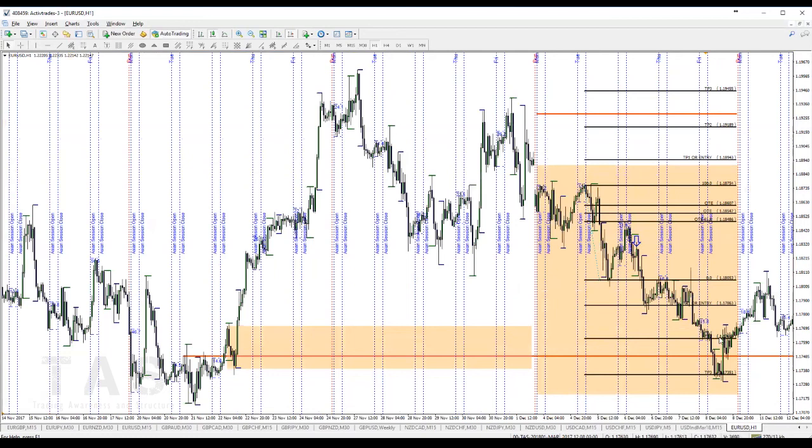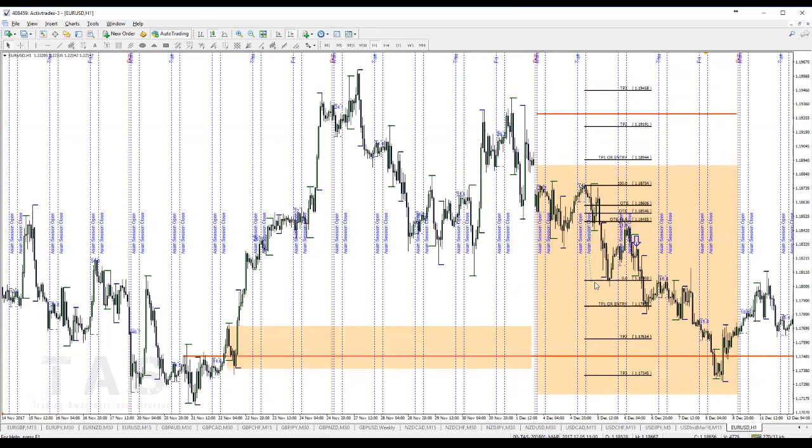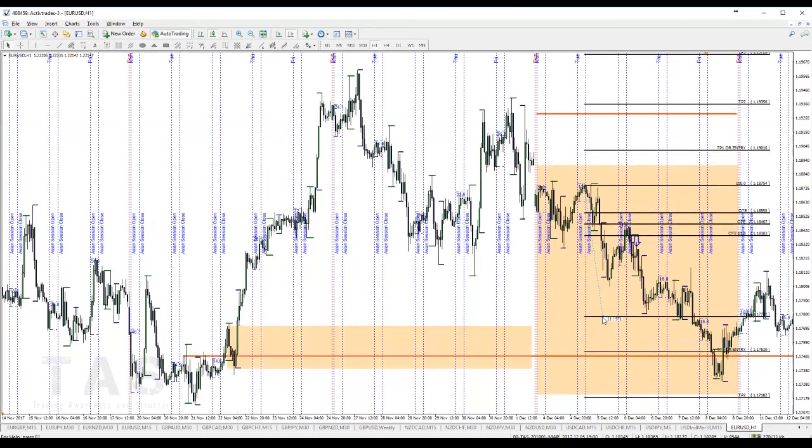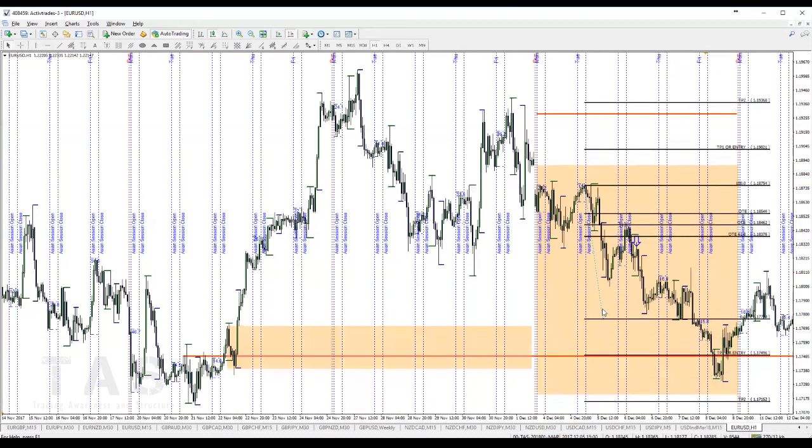I'd say, okay, I wanted at my target 2. Then price breaks structure again, I adjust it. Now that makes sense. I adjust it, and it gets to a point where it all can make sense.